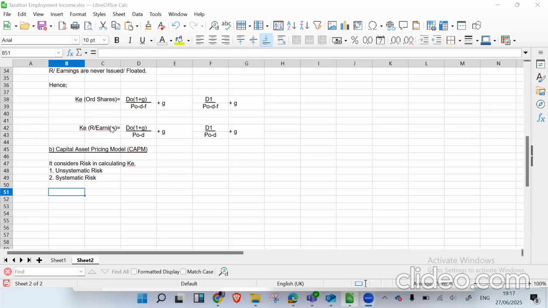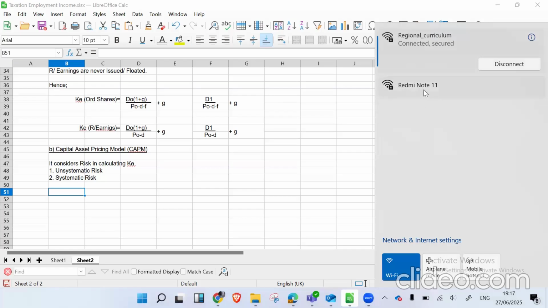Next point, systematic risk on the other hand affects all firms in the industry, e.g. inflation. So inflation ikihit imehit.